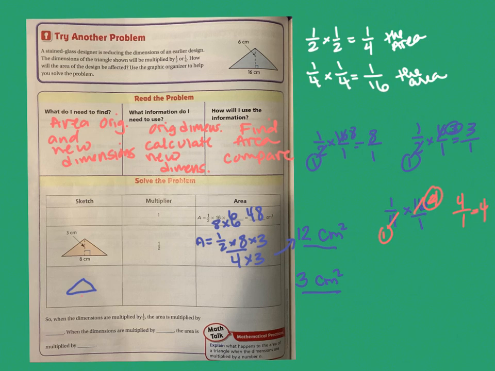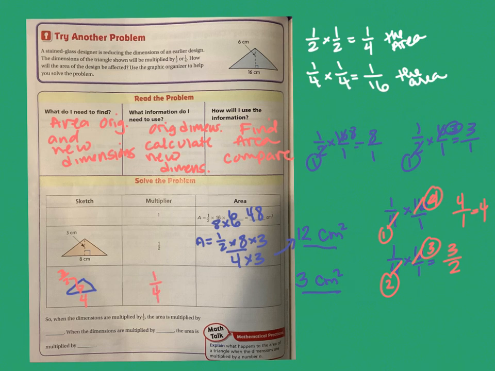So my base is 4. Now for the height, 1/4 times 6. Now 4 doesn't go into 6 evenly, but 2 goes into both of those evenly. 2 goes into 4 twice. 2 goes into 6 3 times. 1 times 3 is 3. 2 times 1 is 2. And for now, I will leave that as a fraction. 3/2 is the height right here.